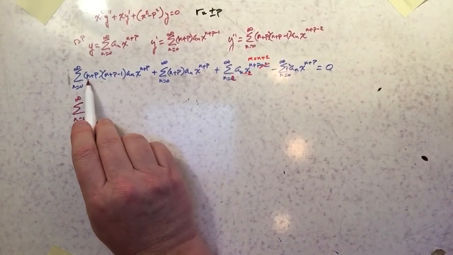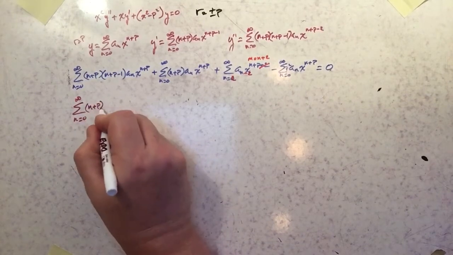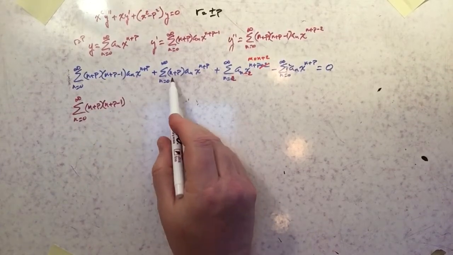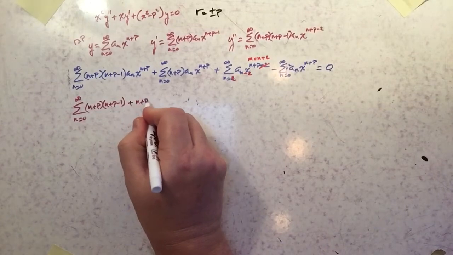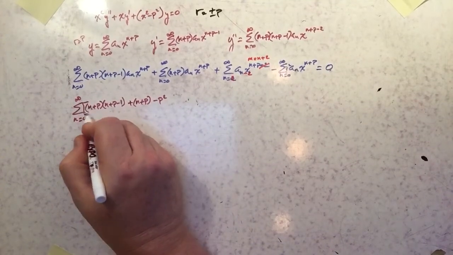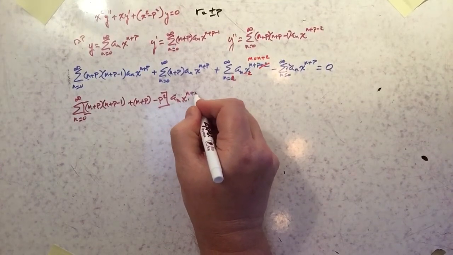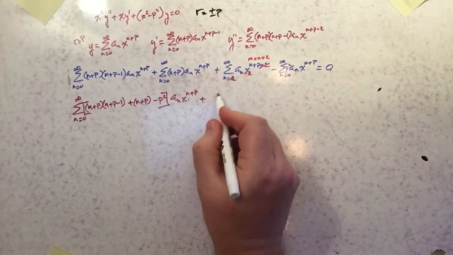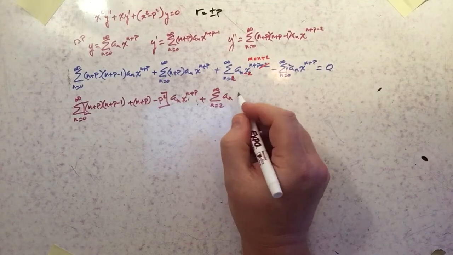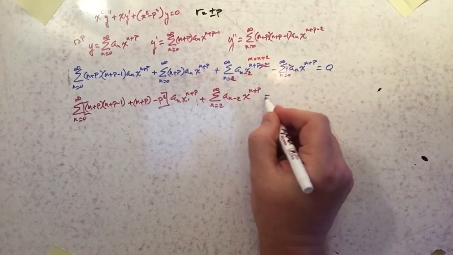So that's going to be (n plus p)(n plus p minus 1) plus (n plus p) minus p squared, and all of that times a_n x to the n plus p. And then the only other part of the series is summation n equals 2 to infinity of a_(n minus 2) x to the n plus p equals 0.